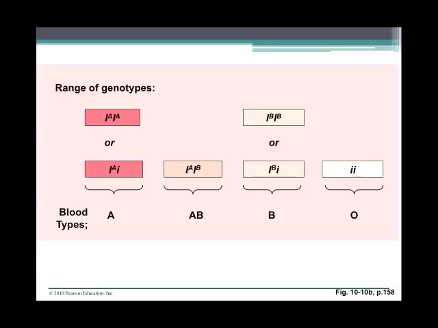The way this is written, they use the letter I, and then they put a superscript above, and that's where the letter goes. So if somebody has the AA at the top, they're homozygous dominant. Both parents gave them type A blood.